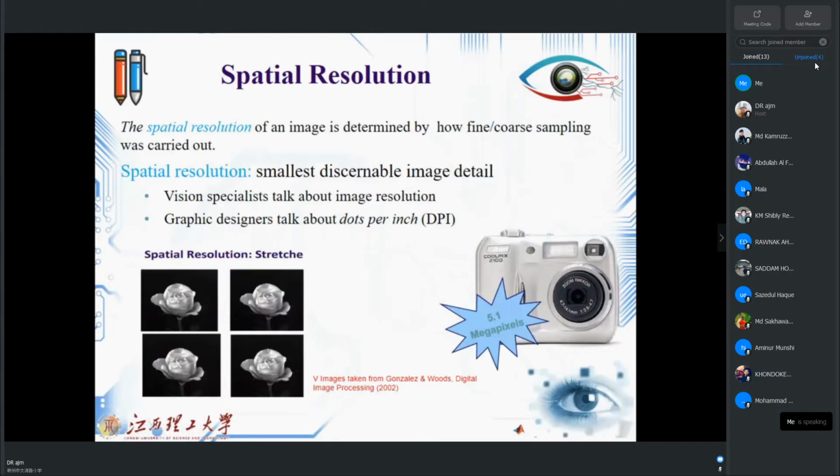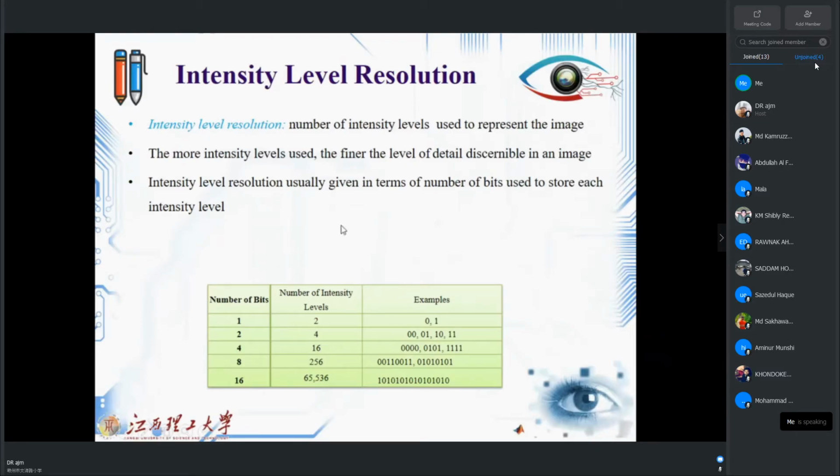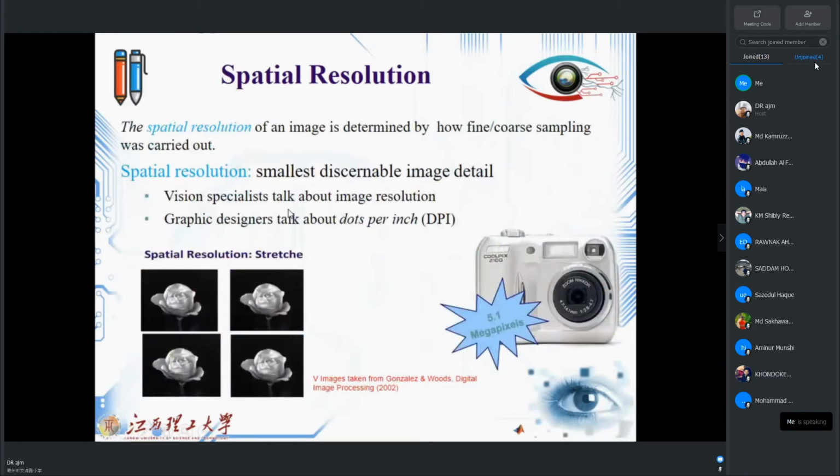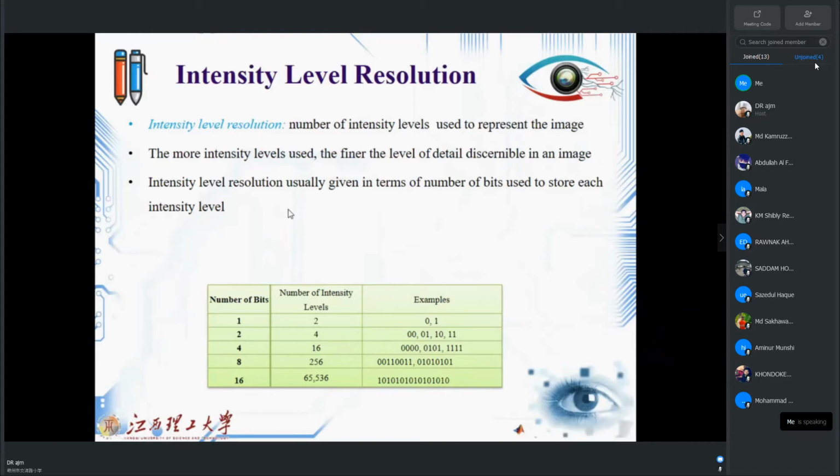That was one more critical, or more important, concept that we had: digitization and sampling, and quantization, which is more important in the digital world. Let us talk more about the concept of intensity level resolution, which is the number of intensity levels used to represent the image.